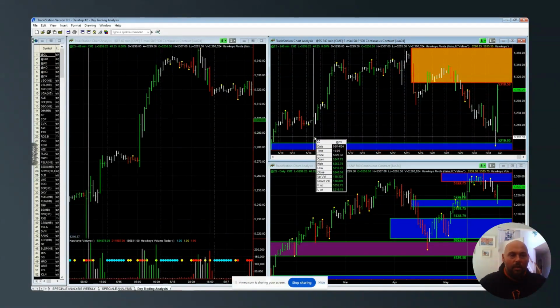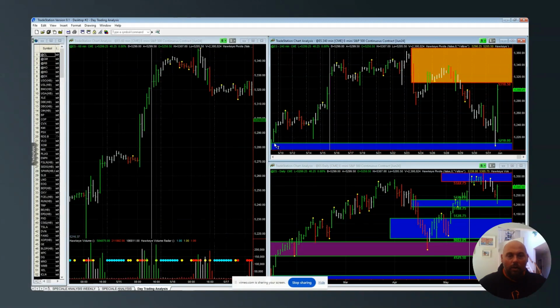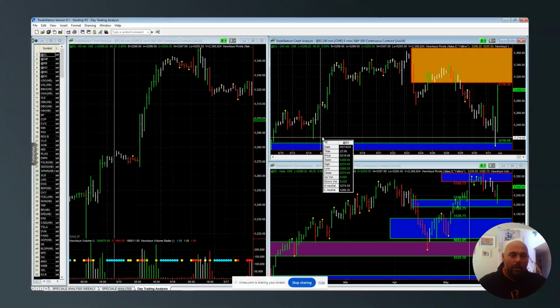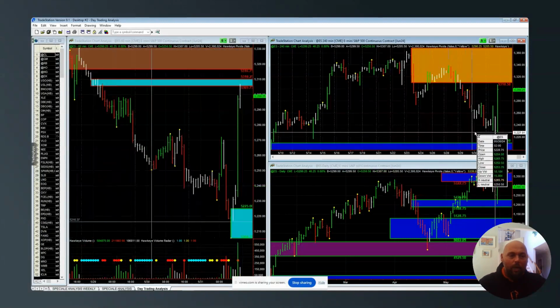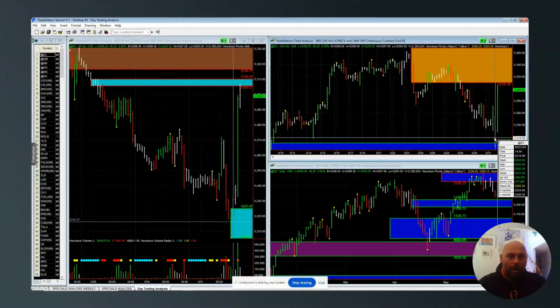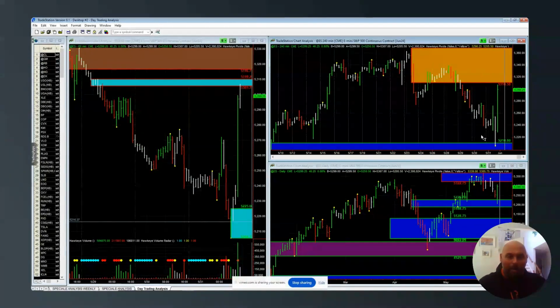Why? Because this plays a role as well. Notice price pushed up, consolidated, pulled back, and absolutely exploded off of it. Well, guys, that's a huge sign that there's a good chance that when we revisit this level right here, we're going to do the same thing. And that's exactly what happened, right?